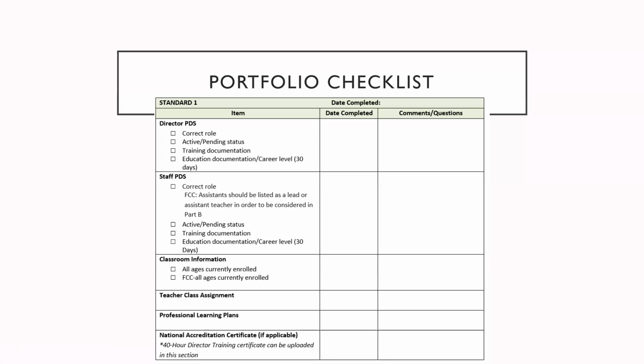Standard 1's portion of that portfolio checklist is shown here. Please ensure you request the portfolio checklist from your coach. This could definitely assist you in completing Standard 1 of the Quality Rated Portfolio.